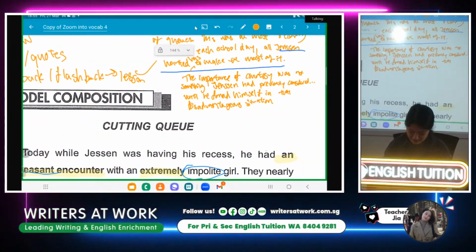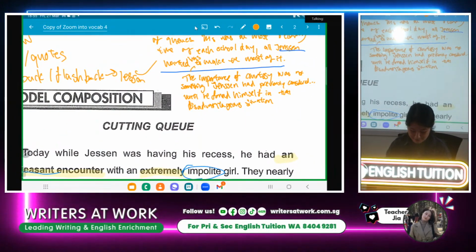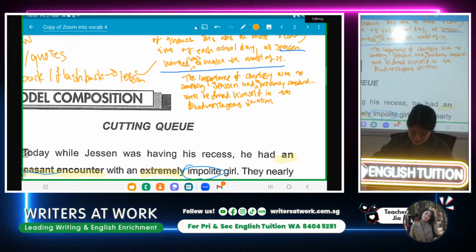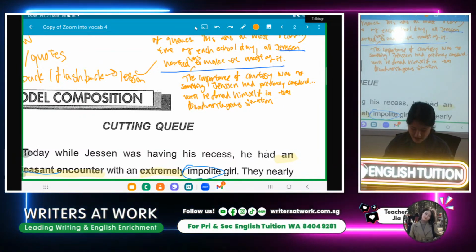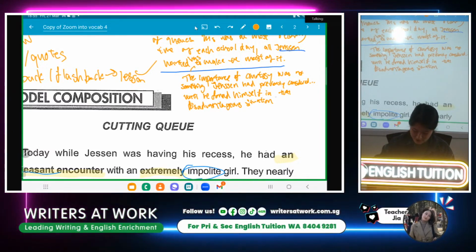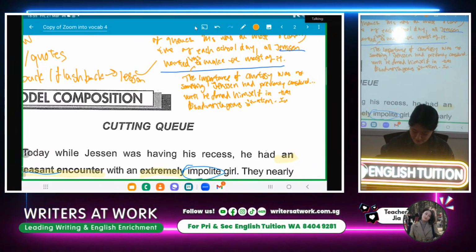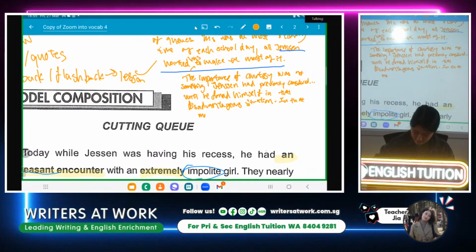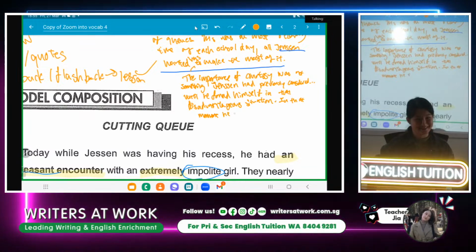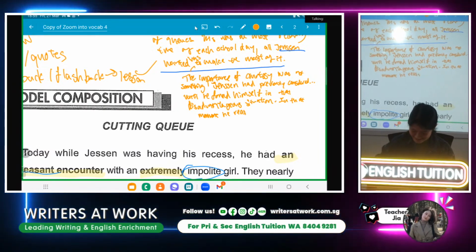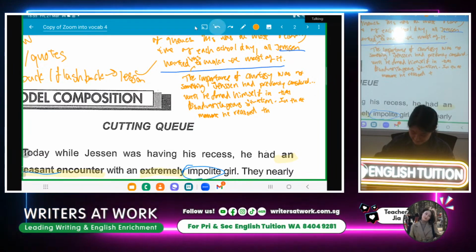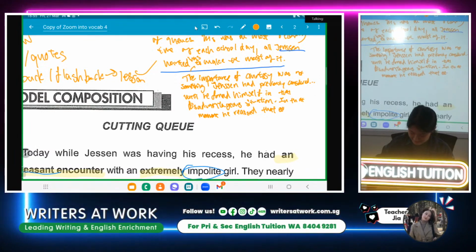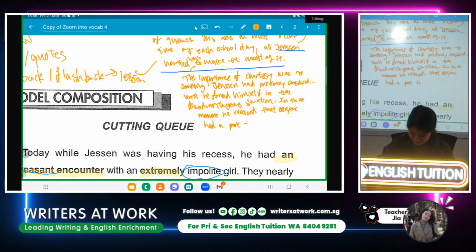Alright. I wrote, the importance of courtesy was something Jensen had not previously considered until he found himself in that disadvantageous situation. In that moment, he realized, I was just about to write that. Teacher Royston was guessing what I was going to write. He realized that everyone had a part to play.